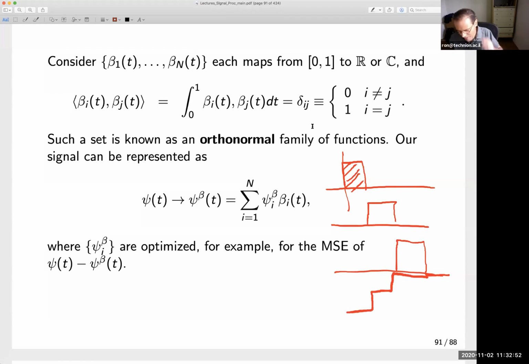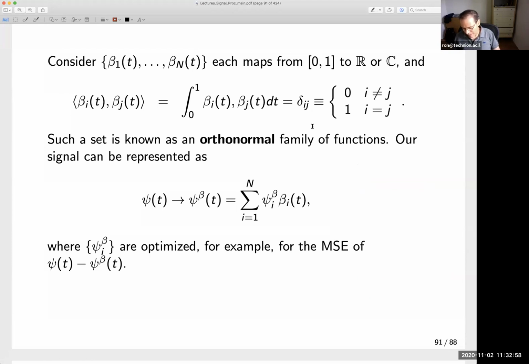So now what we need to do is look at our signal, and our signal could be a projection, I mean, some linear combination of this set of n numbers. And how do I write this linear combination? There are scalars that should multiply each and every one of these betas. And these scalars define the approximation of psi by the beta functions.